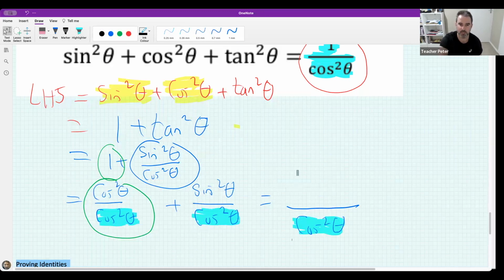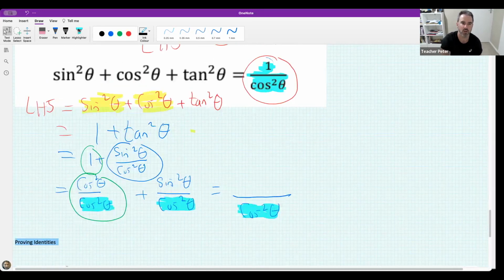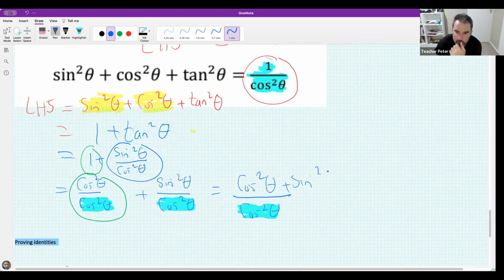But what is going to be on top now? Well, I think it's just what was here already. But, oh my goodness, now I'm getting excited.